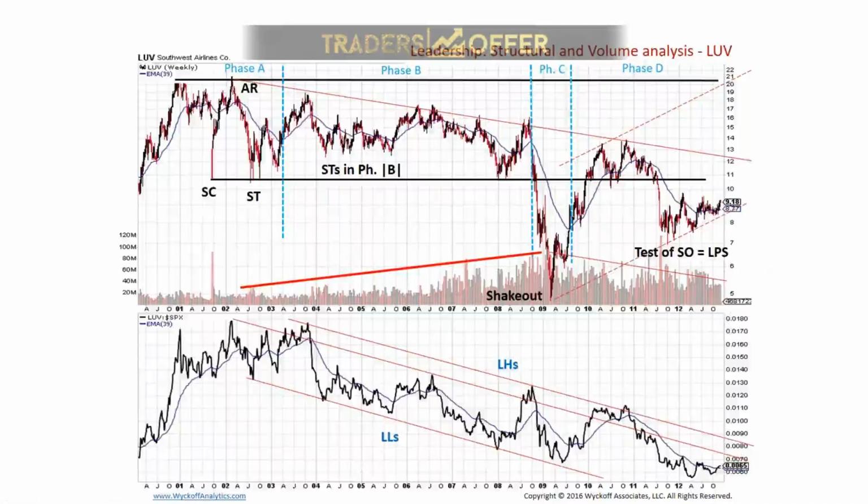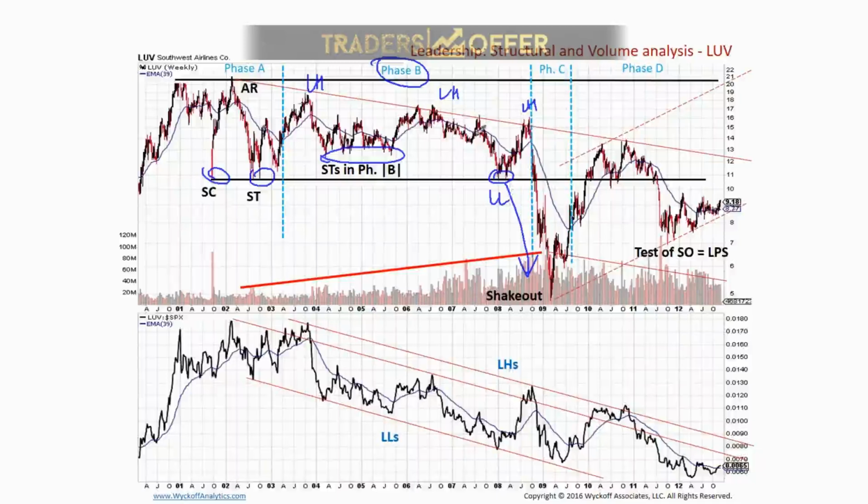Southwest was an interesting picture because of this big shakeout after the original climactic action and secondary test. Please note how the price develops the structure into phase B. We are having a lower high, lower high, lower high again, and relative to these lows, this is a lower low.